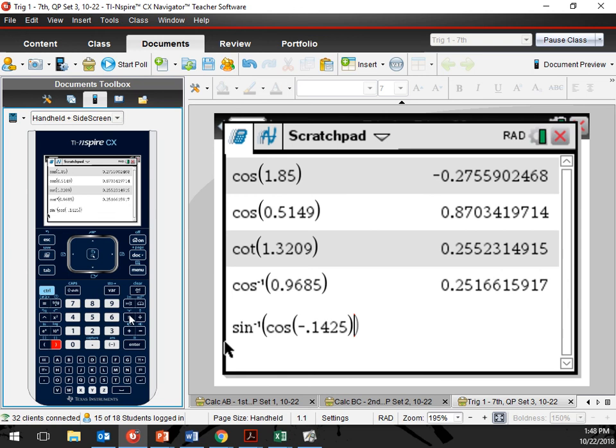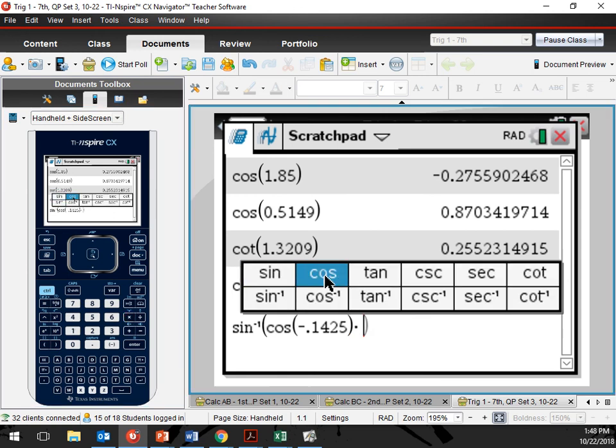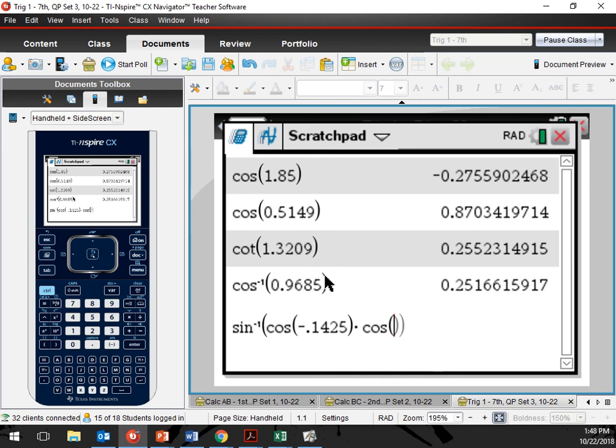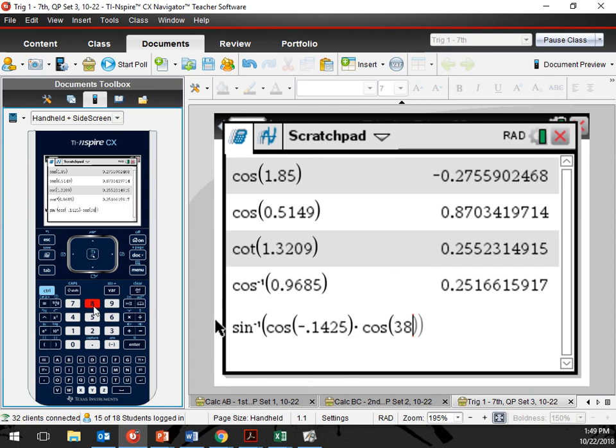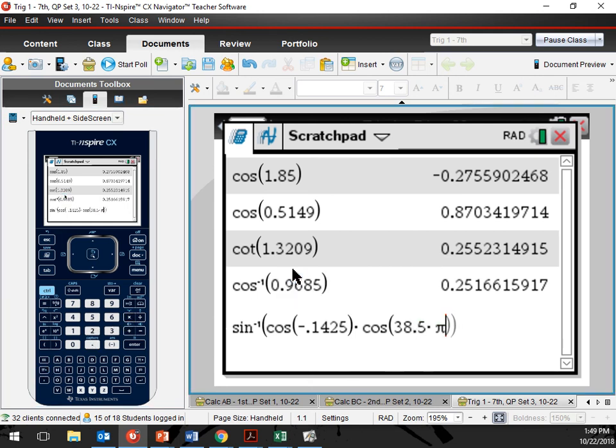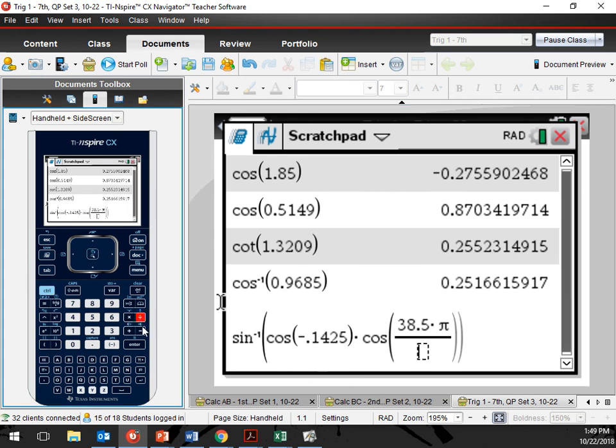Close, times cosine of the L, so it's 38.5 times pi over 180.